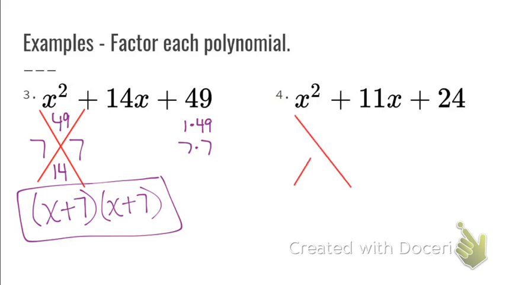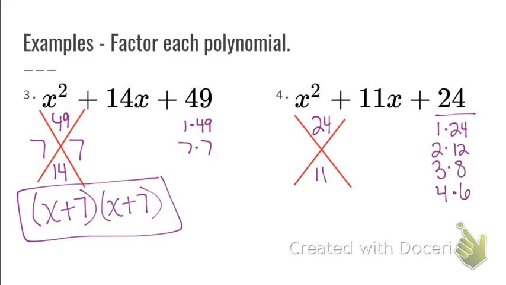We are trying to multiply to 24 and add up to 11. Again, your list of factors here would be helpful if you have that yellow sheet sitting near you. Okay, we've got several pairs of factors for 24. The one that's going to add up to our 11 is going to be 3 and 8.